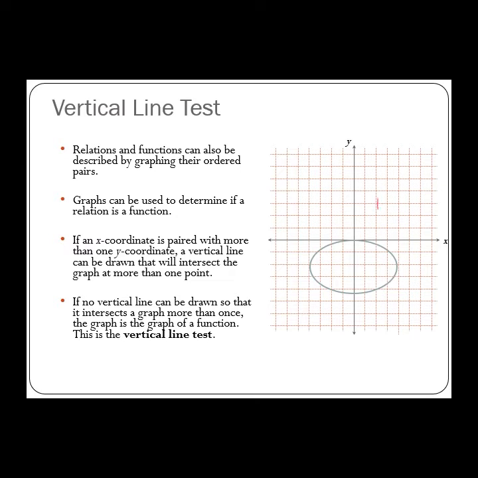If I draw any vertical line, so any vertical line, and it crosses my graph more than once, then that means there's an x, namely the value right there on the x-axis, that is related to two different y's. So in that case, it is not a function. So if a vertical line passes through it more than once, then it's not a function. So this ellipse type oval thing you see is a relation, but not a function.